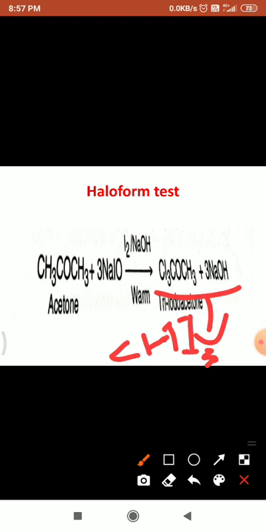This is called iodoform. That means acetaldehyde and methyl ketones give this reaction.